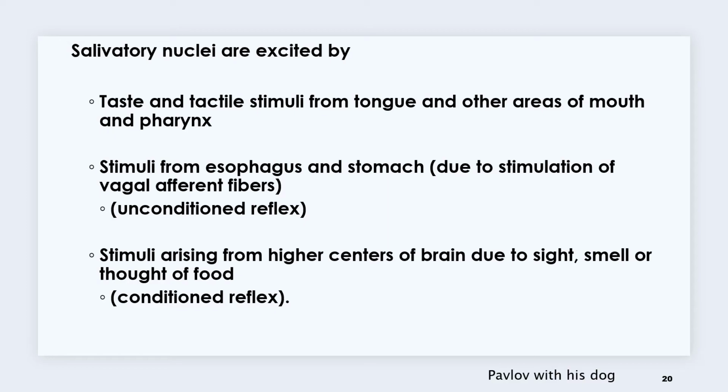So here we can see that taste and tactile stimuli from the tongue and other areas of the mouth and pharynx will be one of the factors that can cause excitatory signals towards the superior and inferior salivatory nuclei. Then we have signaling from the esophagus and the stomach, and this is called an unconditioned reflex because these are sometimes abnormal.